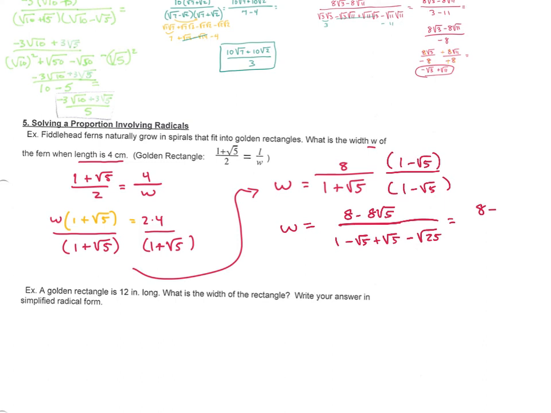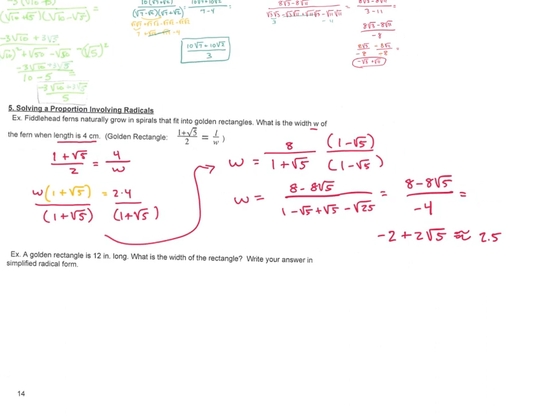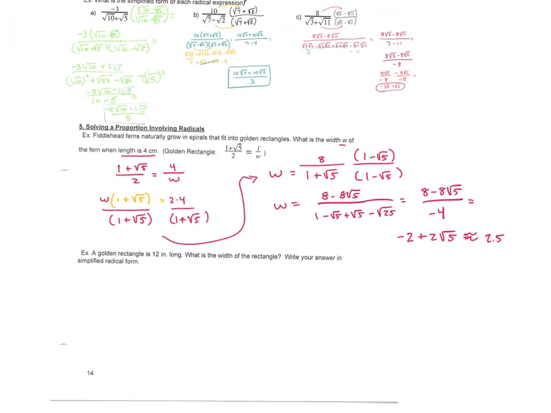So I'm going to have 8 minus 8 square root of 5 over negative 4. And again, I can simplify these expressions. And this is going to end up becoming negative 2 plus 2 square root of 5, which is going to equal approximately, if you plug it in the calculator, 2.5. So the width of that fern is going to be roughly 2.5 centimeters, because that was our measurement.